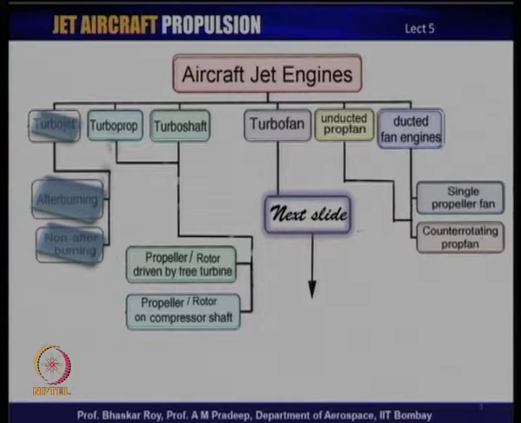We will take a look at this prop fan also today to understand how it works. So, let us first start with the variant that is connected to turboprop and turboshaft, but let us take a look at all the turbofan variations that we will be looking at today.